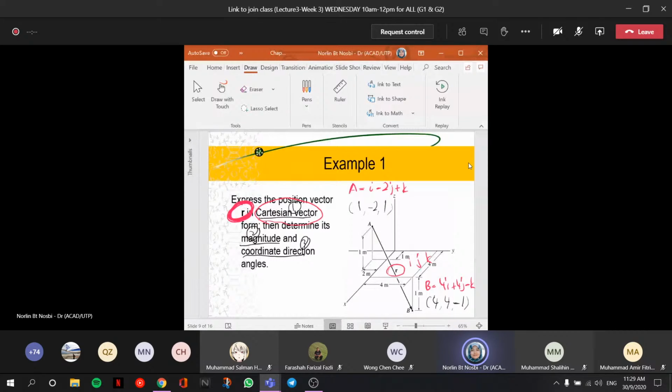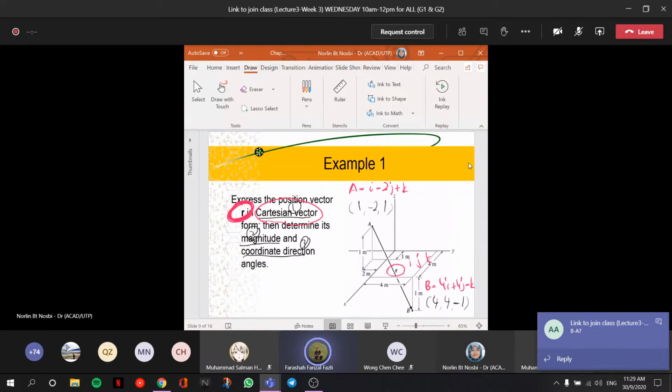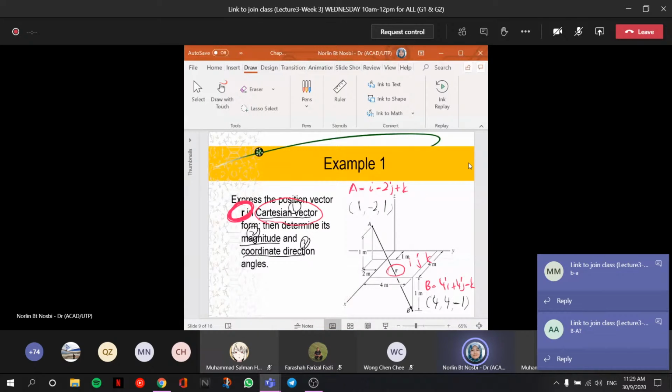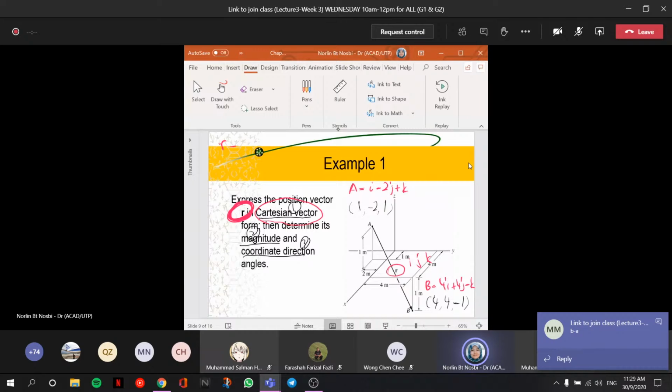Can anyone tell me? B minus A. Yeah, R is equal to B minus A. One is R A B, right? So you need to subtract B and A.